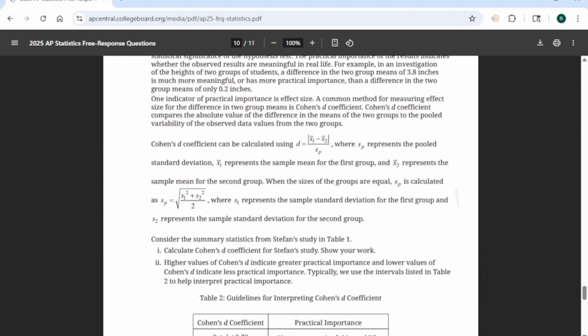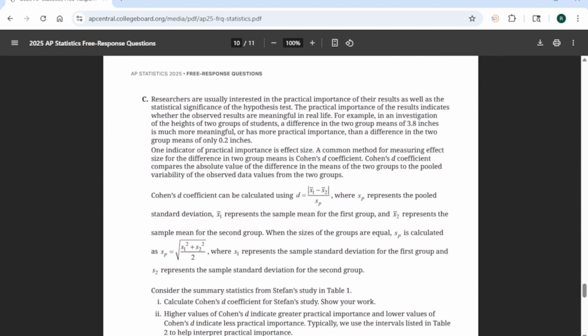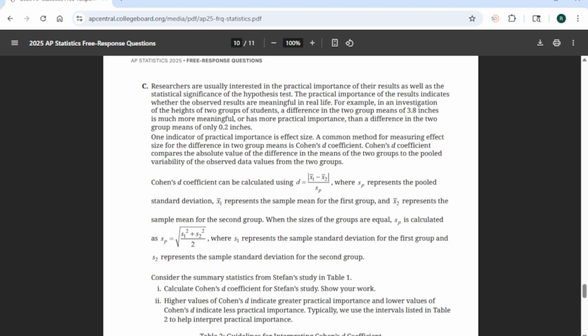In part C, again, here's the big block of text, but the short version is that we've got this coefficient that will talk to us about how much practical importance the p-value has. Because if you remember, we have looked at cases where statistical significance does not mean that it actually has any practical meaning.